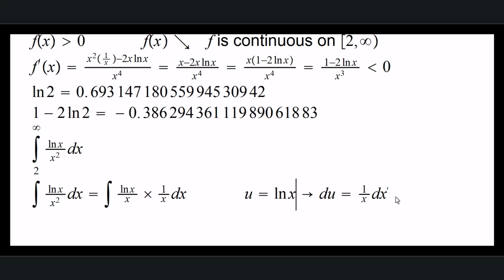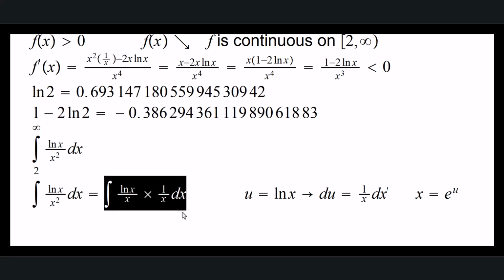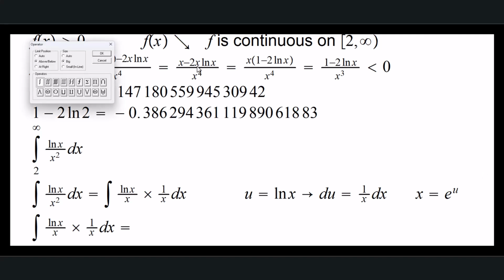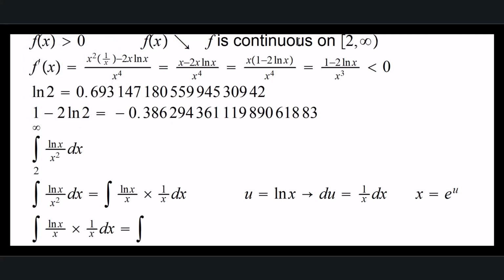since u is ln of x, we have x equals what? e to the power u. So let's just put these transformed values in here. And so if we do that, what this is going to become is the integral, ln of x is u, x is e to the u, and 1 over x dx is simply du.